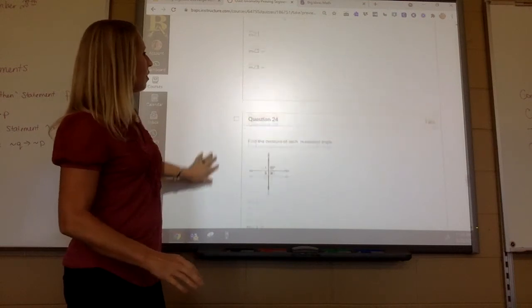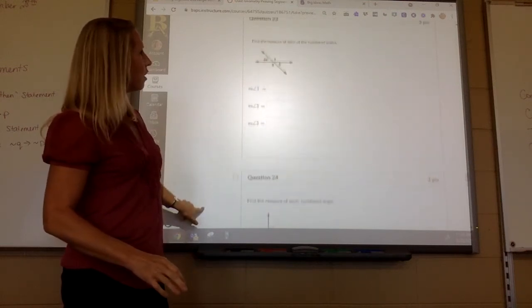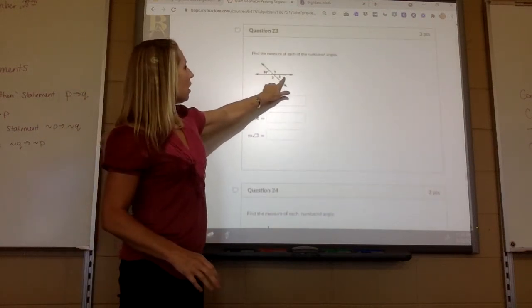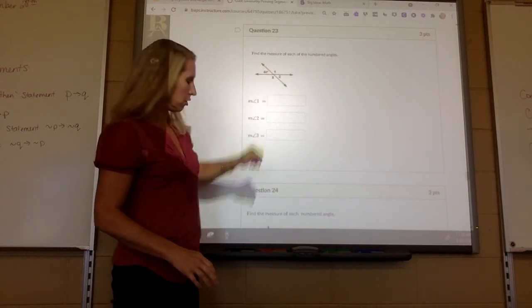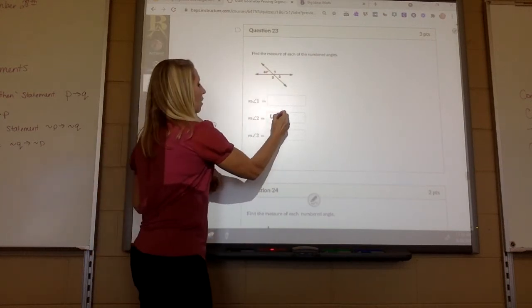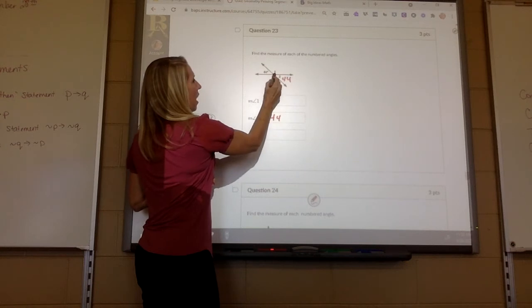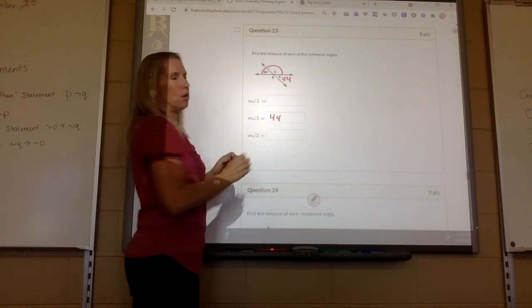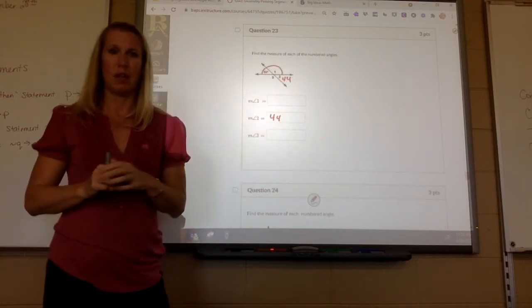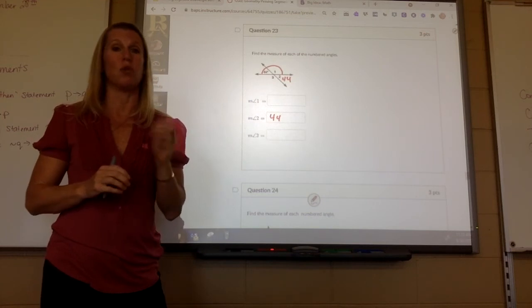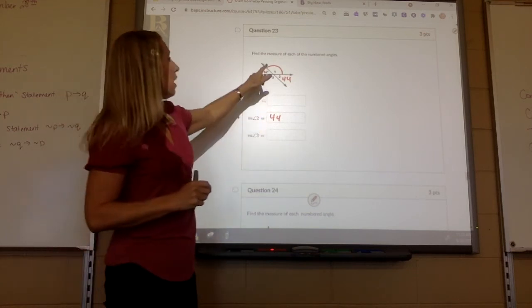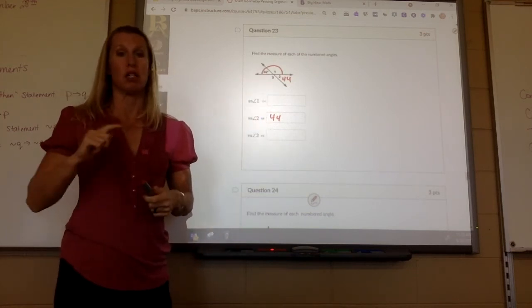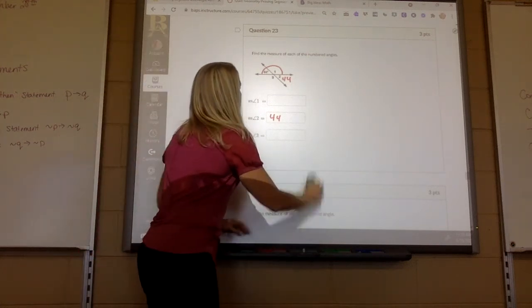On these, look for your vertical angles. So like, I know that angle 2 would also be 44. And then how would I get angle 1? What do those two add up to? They add up to 180. So just do 180 minus 44, and then 1 and 3 equal each other because they're vertical angles.